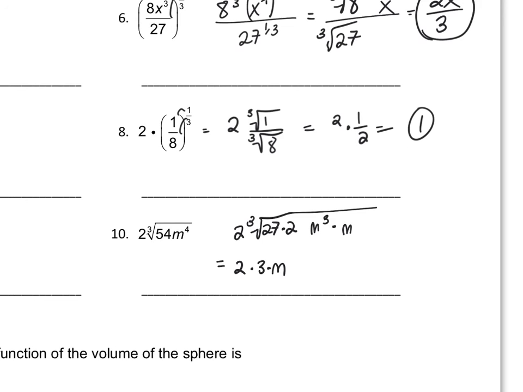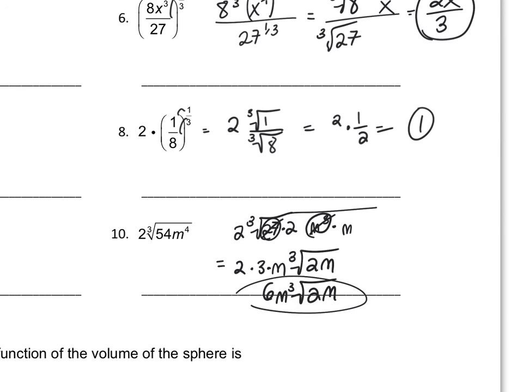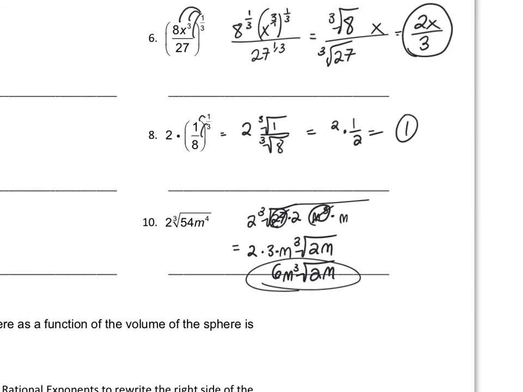So that m can come outside too. So I took these outside. What's left inside? Just my leftover 2 and m. And then outside of my radical, now I have 2 times 3 times m. That's 6m on the outside and 2m on the inside. And I don't want to forget my index of 3 there. All right, so that's my final answer there.